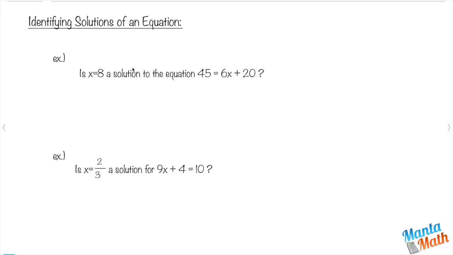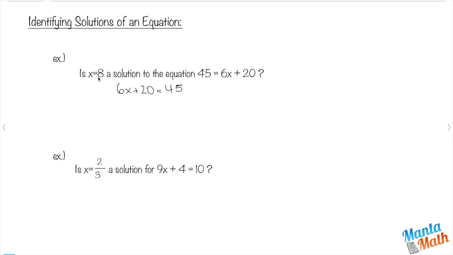This section also covers identifying solutions for an equation. So, for example, is x equals 8 a solution to the equation 45 equals 6x plus 20? So I'm just going to rewrite the equation: 6x plus 20 equals 45. You can write this whatever order you want to. I personally like my constant alone on the right, but again, you can do whatever you want.